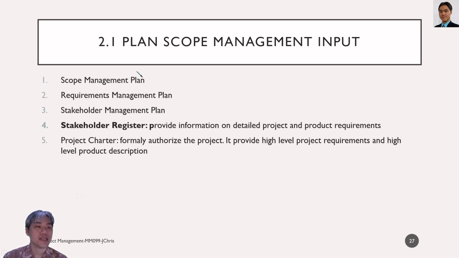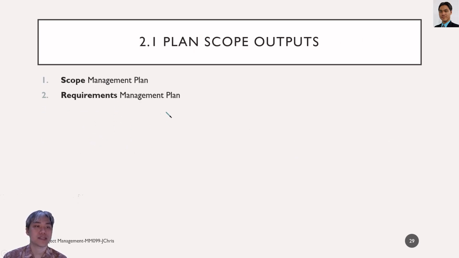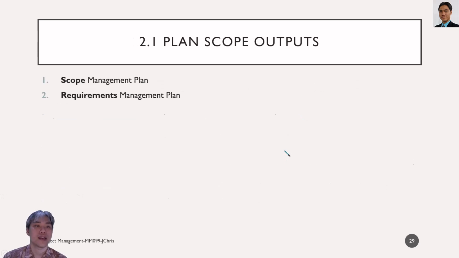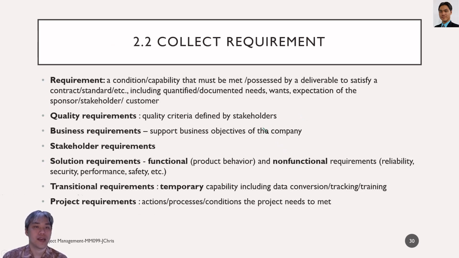The inputs are the project management plan, stakeholder register, and project charter. The techniques used are expert judgment and meetings. The outputs are the scope management plan and requirements management plan. That is plan scope management.